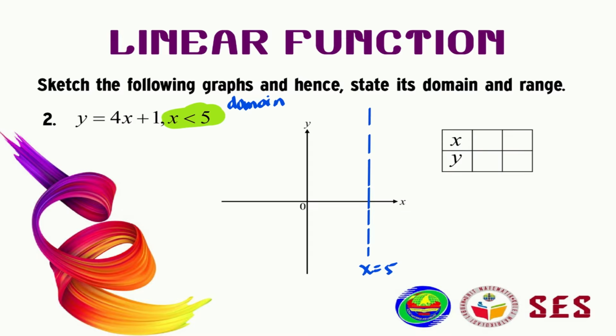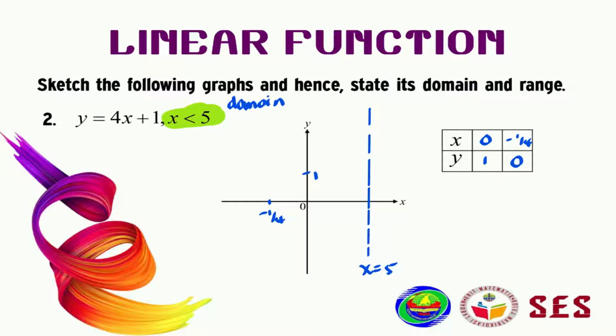Again, to sketch any graph of a linear function, we need at least 2 points. This is the same example as the first question, so we choose x and y equals 0 again and of course get the same points. Straight away we put the points on the axis: negative 1 over 4, and we've got 1 here.